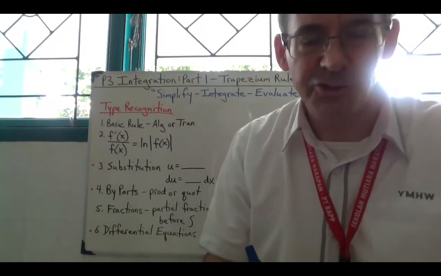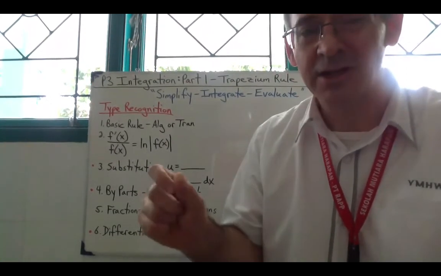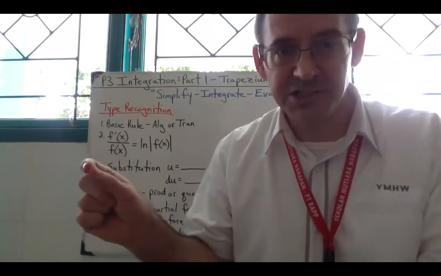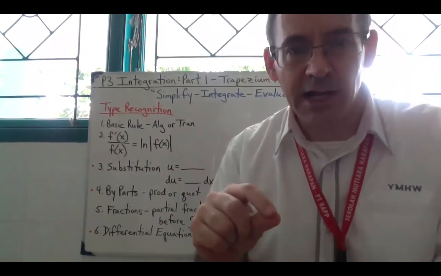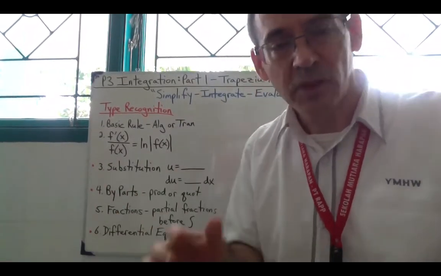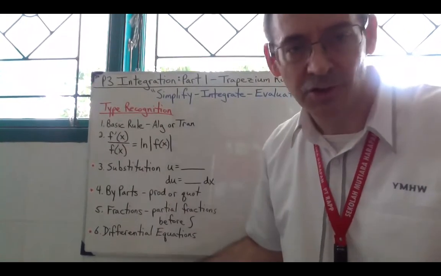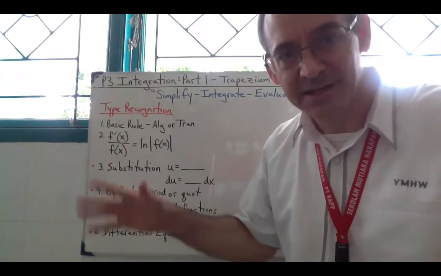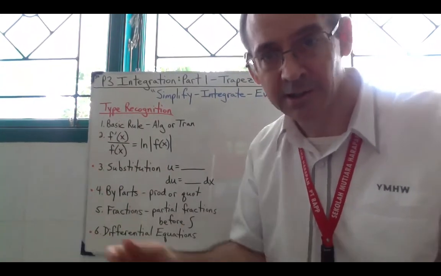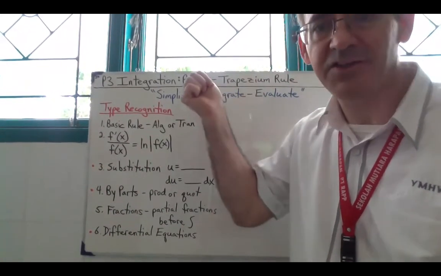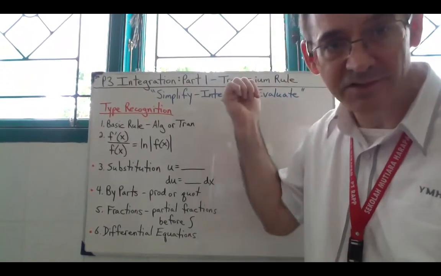Well, technically the trapezium rule isn't really integration, it is an approximation method. So in other words, if you go through this whole list and none of them can work, then you might want to consider using the trapezium rule.